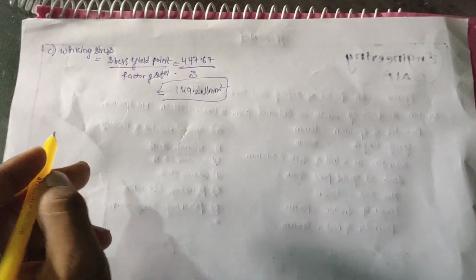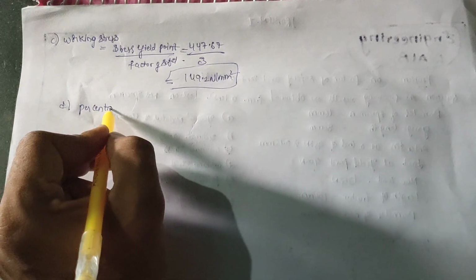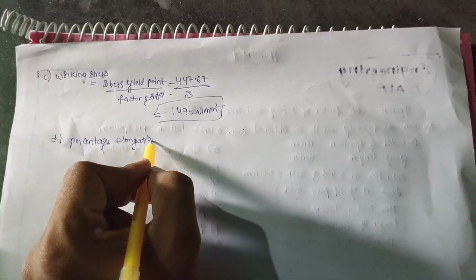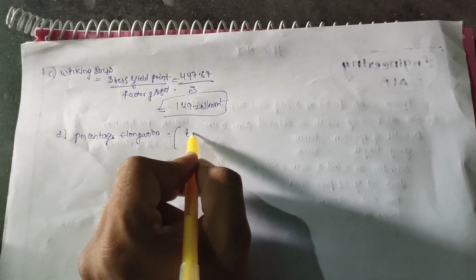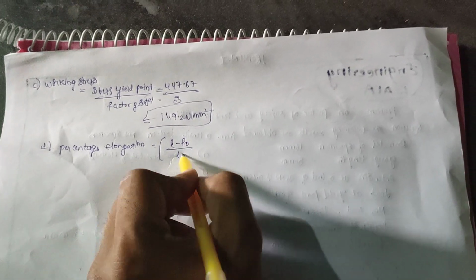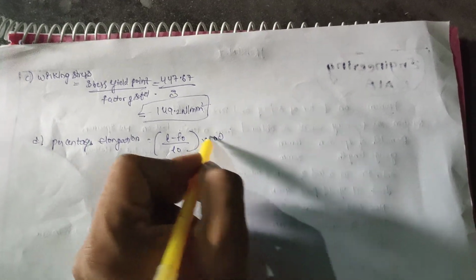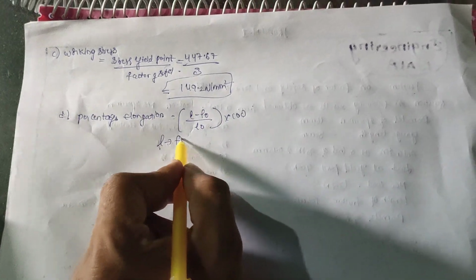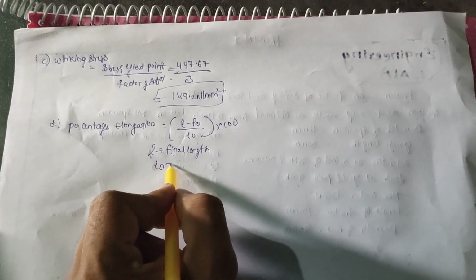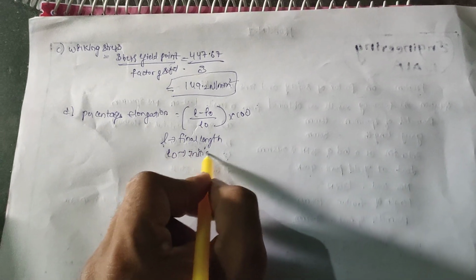Next, we should calculate the percentage elongation. We know that it is (L minus L naught) by L naught into 100. Here L is the final length, and L naught is the initial length.